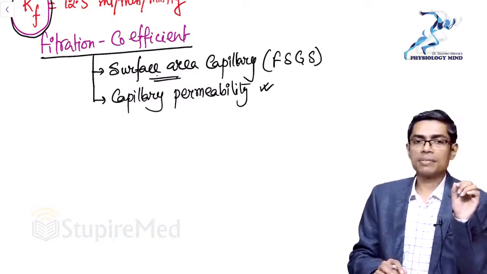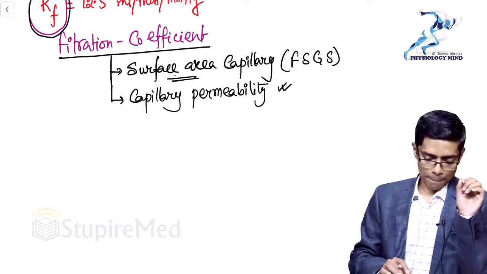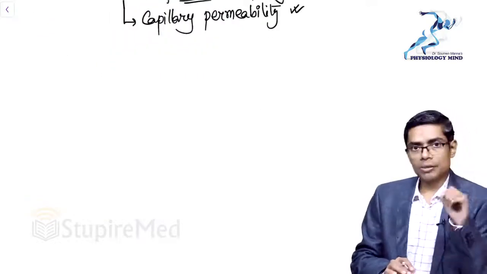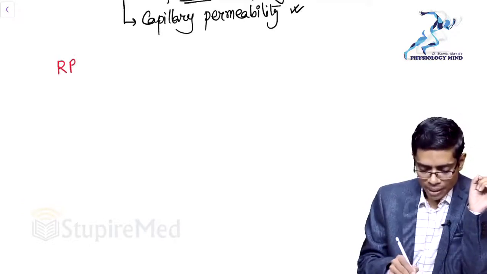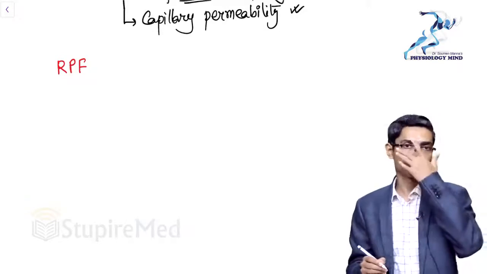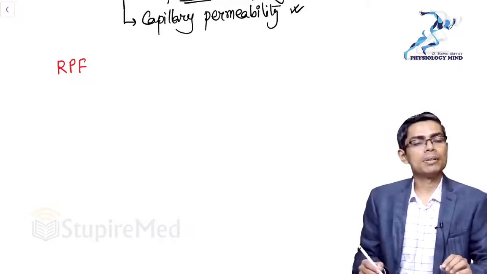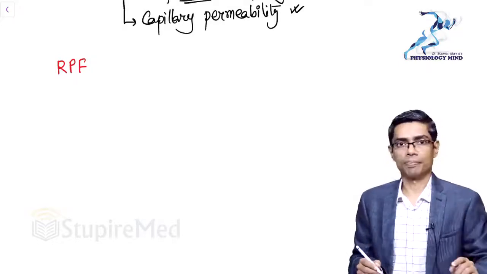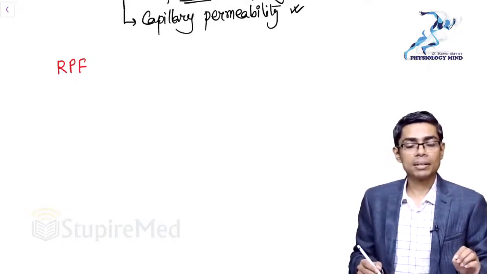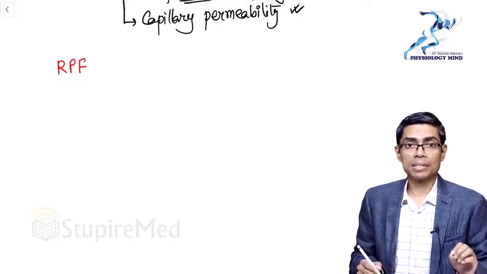Now I told you what is the value of normal GFR. Before proceeding into regulation of GFR, you also write down the normal value of renal plasma flow. Why? Because in the beginning I told you the value of renal blood flow, that is 20 to 25% of cardiac output, around 1200 ml.